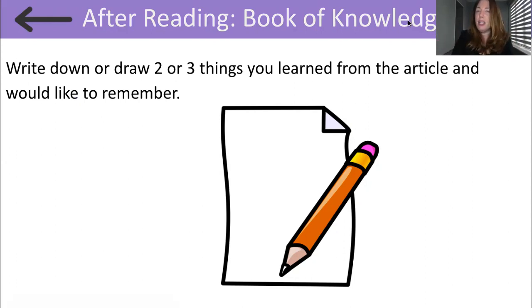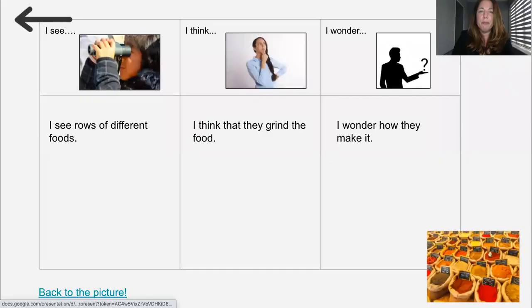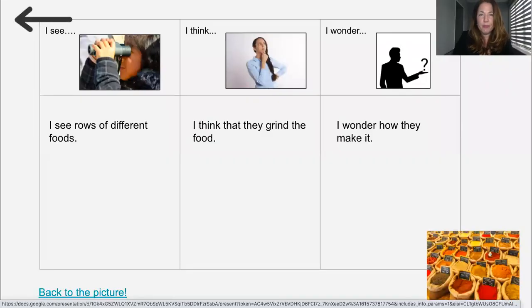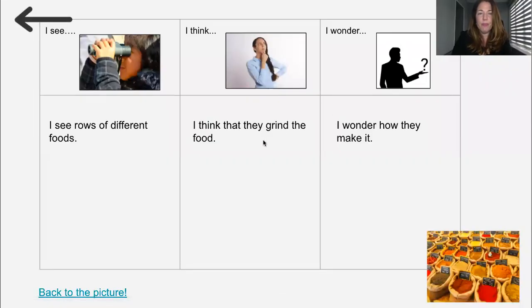So let's think about that for a moment, readers. So I also thought about something new to add to my chart here that we are completing, okay? And hopefully you were able to record something as well.